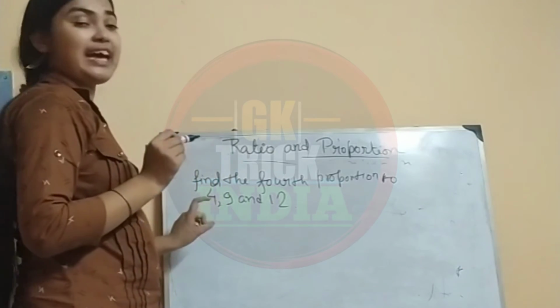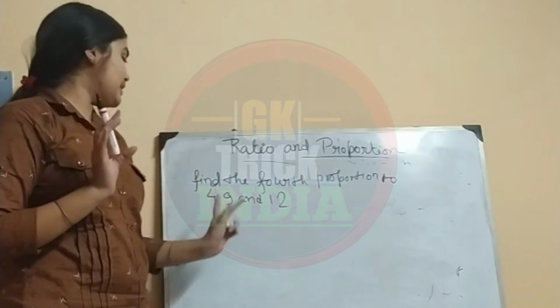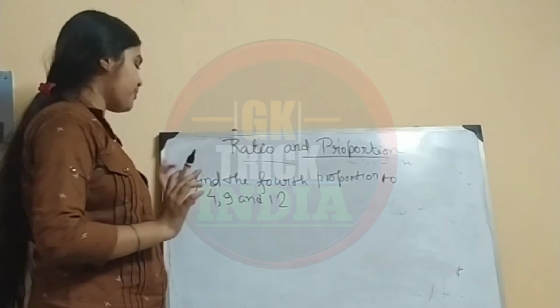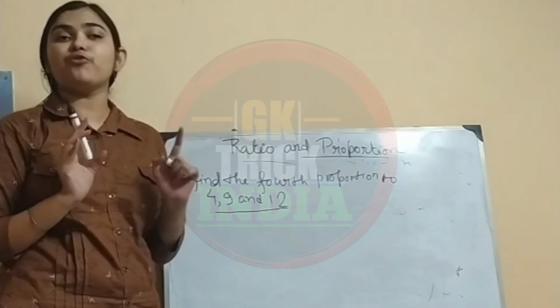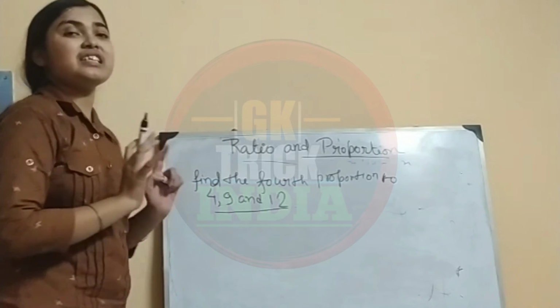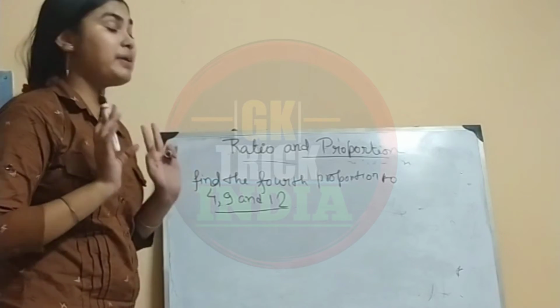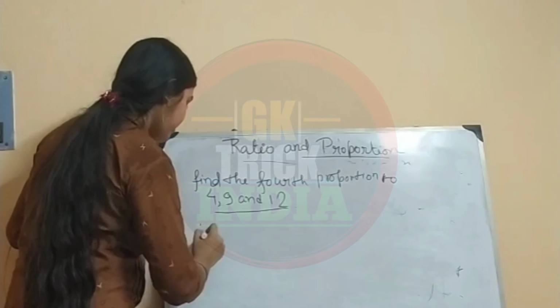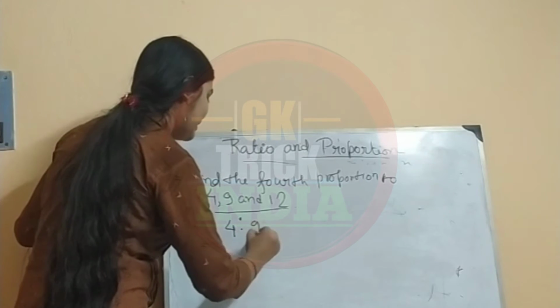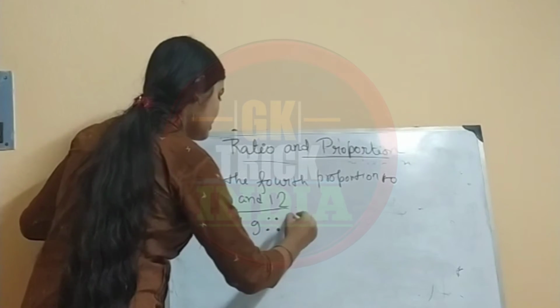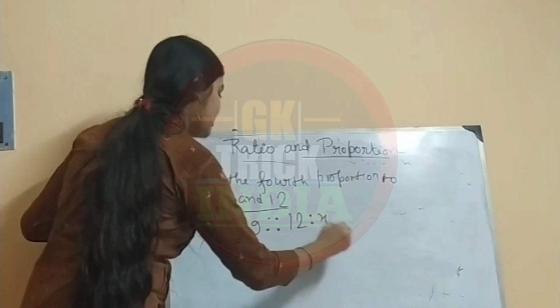So what does this question actually mean? Look, here the question means that we have 3 terms given and we have to find out the 4th term. Okay? So let the 4th term be x. So how is the proportion formed? 4 is to 9 as 12 is to x.